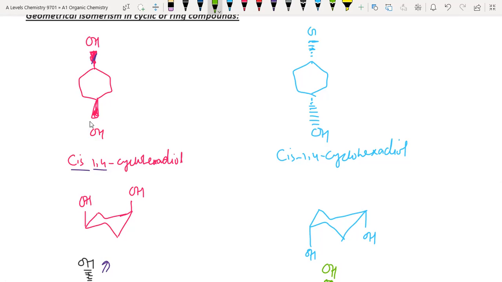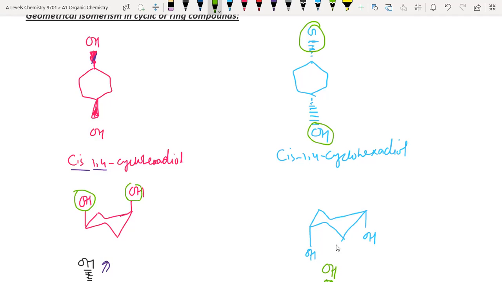In this structure, both the OH functional groups are above the ring, and in this structure both the OH functional groups are below the ring. So this structure can be written like that: both the OH functional groups are above the ring, it would be cis structure.